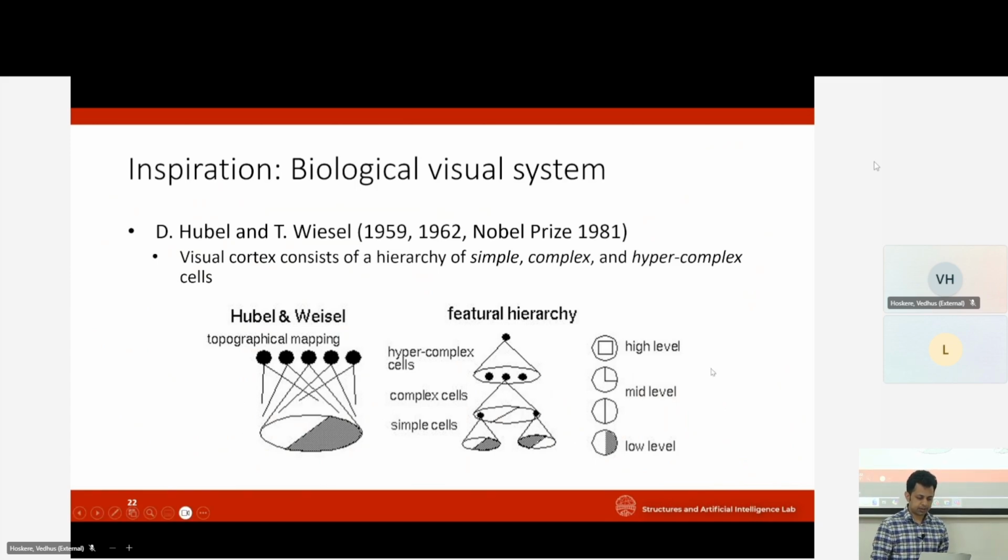The human visual cortex has a variation in the amount of complexity of the processing, and the idea is that earlier layers in the CNN will extract simple things like edges or corners, and later layers will start to aggregate these things depending on what you're trying to determine, to further disambiguate.